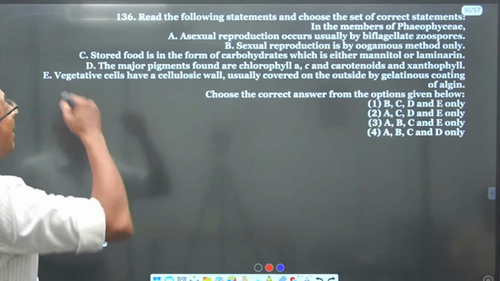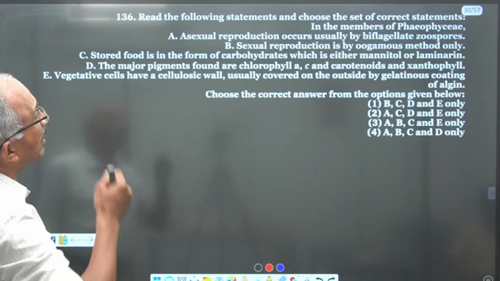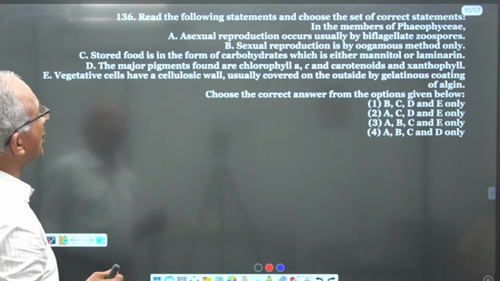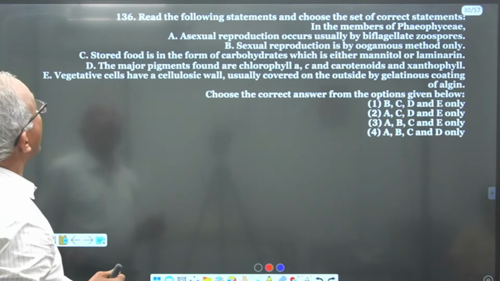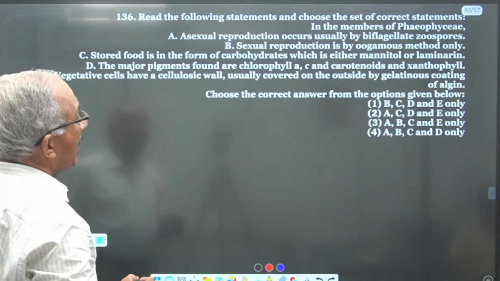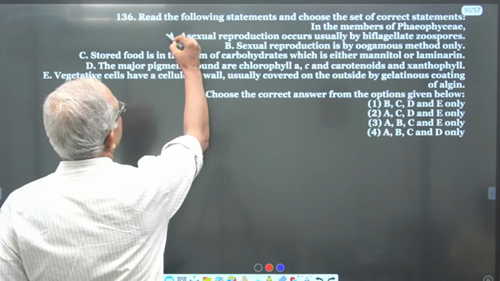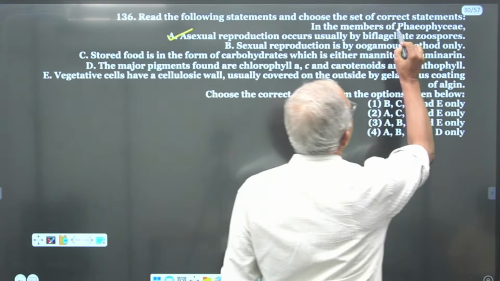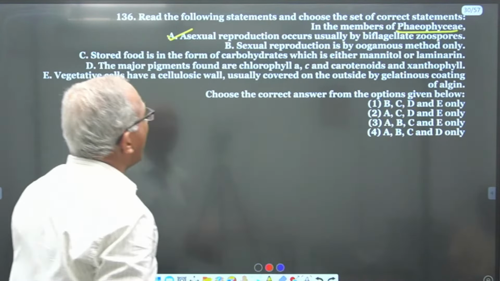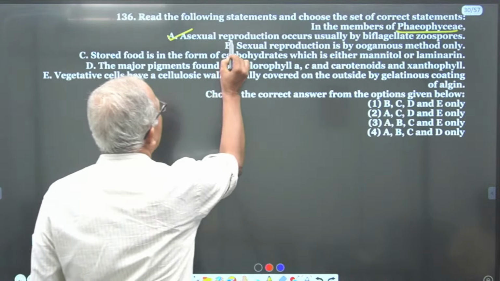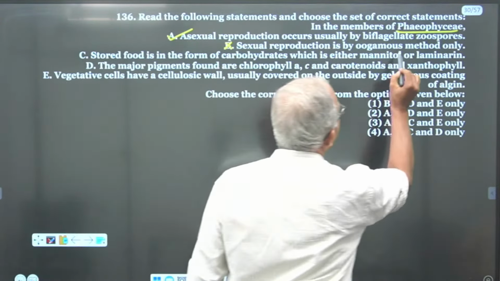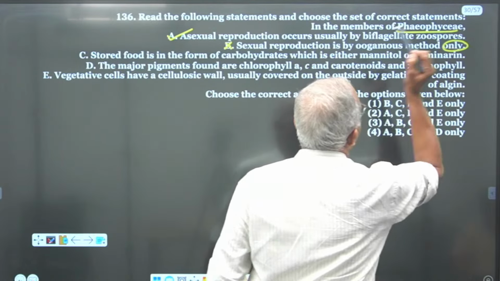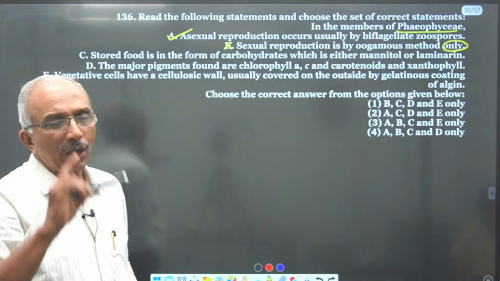Then read the following statements and choose the set of correct statements with regard to Phaeophyceae. A is correct, but B is wrong. Sexual reproduction is not by oogamy only.